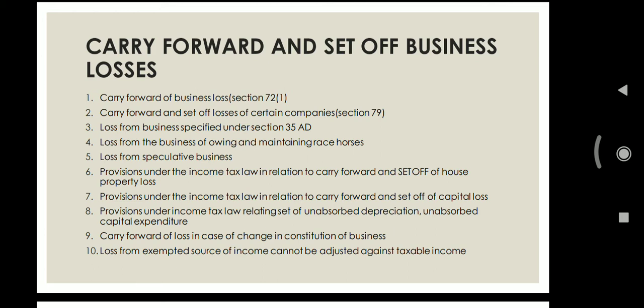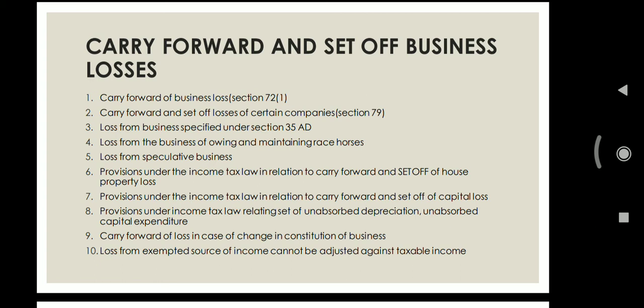The loss under the business head, except speculation loss, shall be adjusted against income from any other head in the same assessment year. If the whole business loss cannot be set off because of insufficient income, it shall be carried forward and set off against income of business or profession of the assessee assessable in that assessment year.